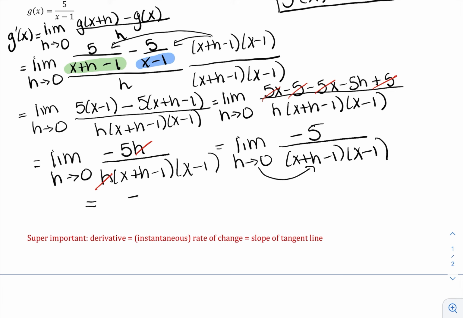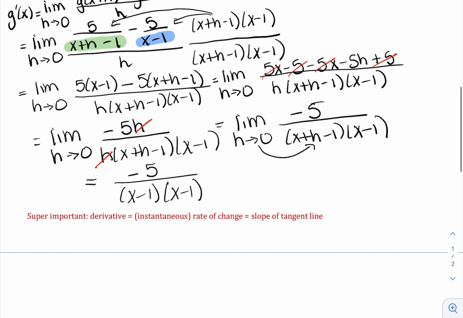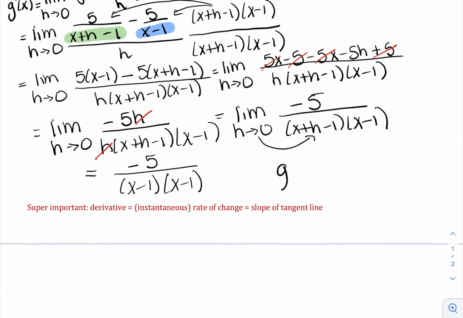So that's going to give me negative 5 over x minus 1 times x minus 1. But simplified, we can actually write that as x minus 1 squared. So I'm actually going to write my final answer with my function name. So it's going to become g prime of x is equal to negative 5 over x minus 1 squared.